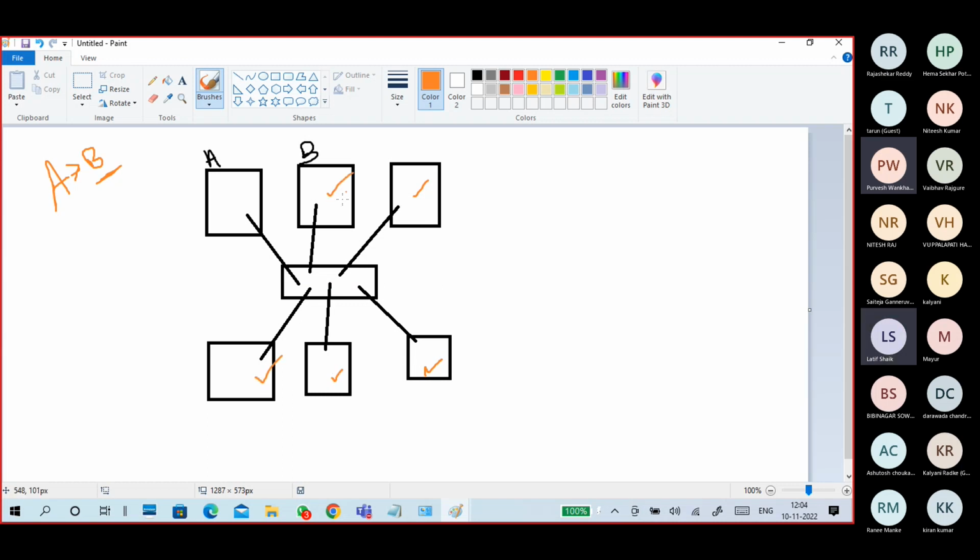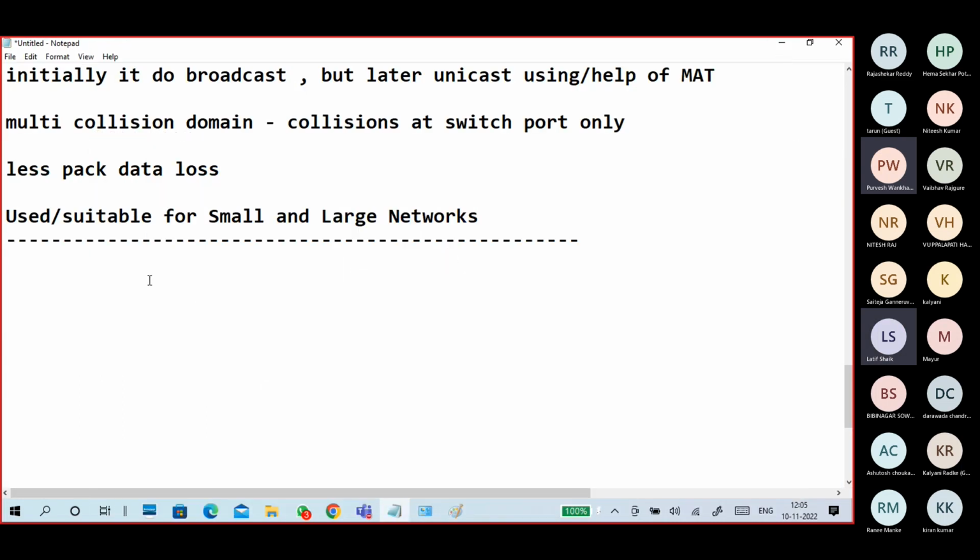So what will happen? B accepts the packet and the remaining will drop the packet because they are not the destination, right? Even if you send, other people take it, but it is not for them, they'll drop it. So there is unnecessary data loss, packet loss, bandwidth utilization kind of stuff. Okay.